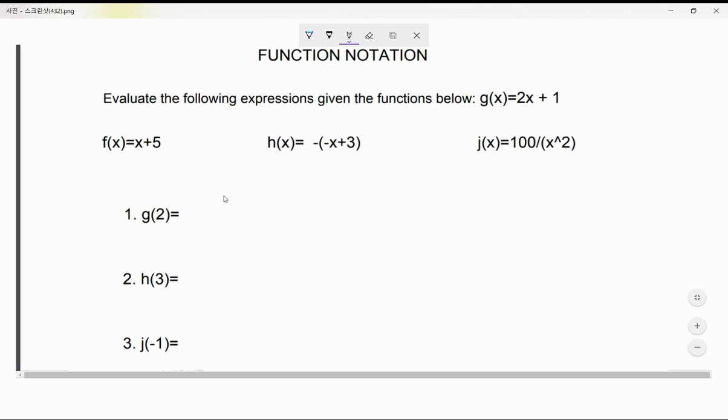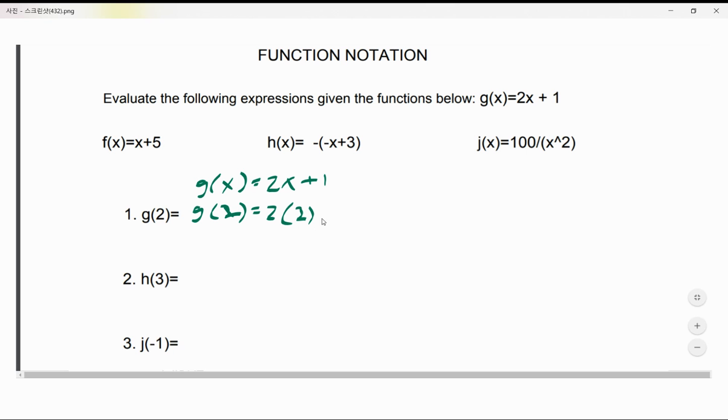So right now, if you notice, they're both g functions, so it's referring to this function, g(x) equals 2x plus 1, right? And you can see here that instead of x, they replace it with 2, and they're telling you that they want you to replace the x with the 2.